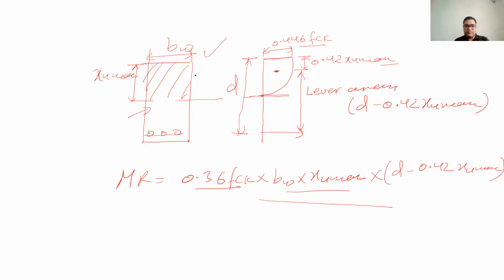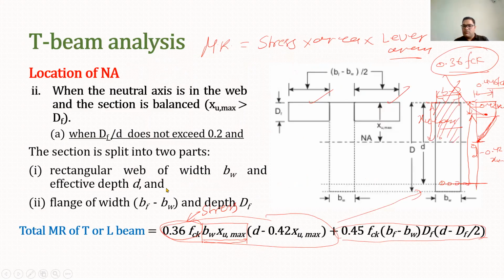Similarly, we have the flange part also, which means this one. If we consider the flange part, it has depth DF and the total width as BF minus BW. So BF minus BW by 2 is this one and BF minus BW is this one.